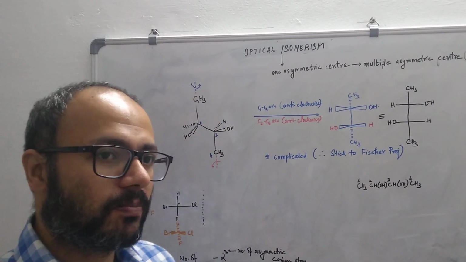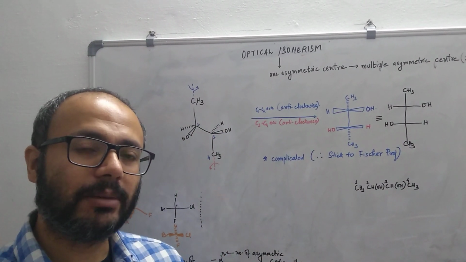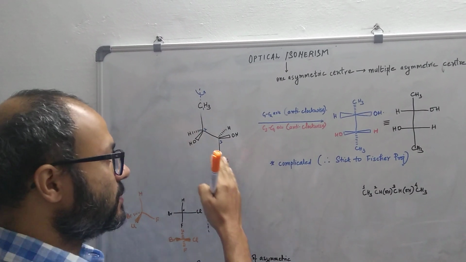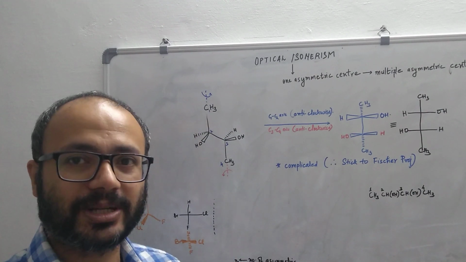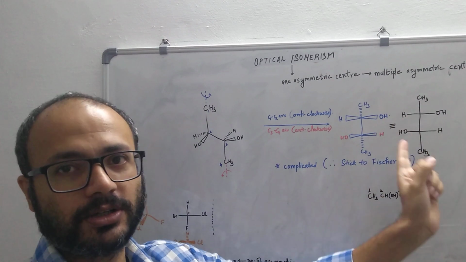With compounds with multiple asymmetric centers, what you have to keep in mind is that it is not very easy to always draw the perspective formula. So when it comes to multiple asymmetric centers, we always prefer to use Fischer projection formulas.